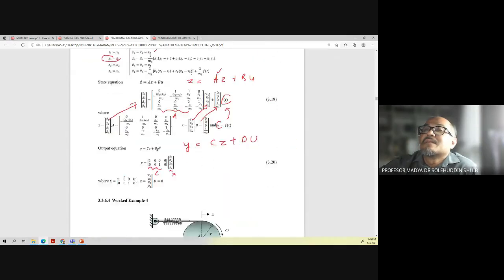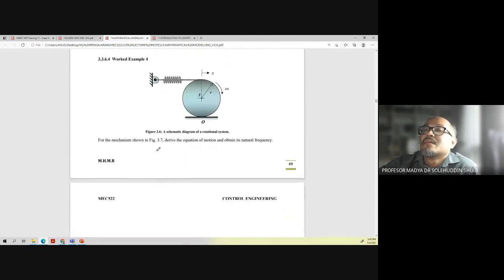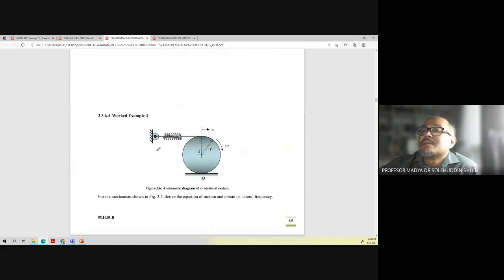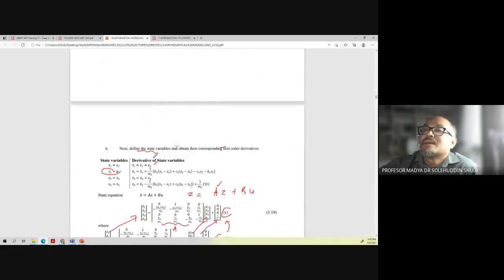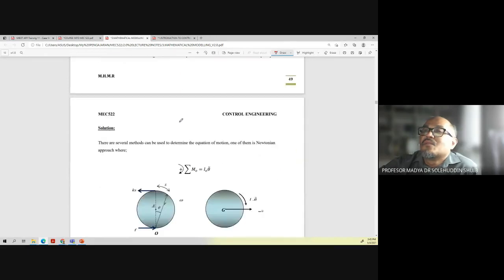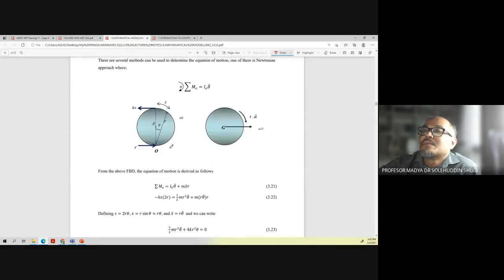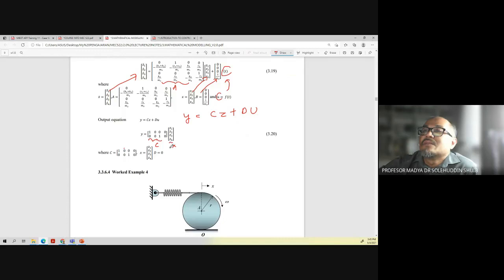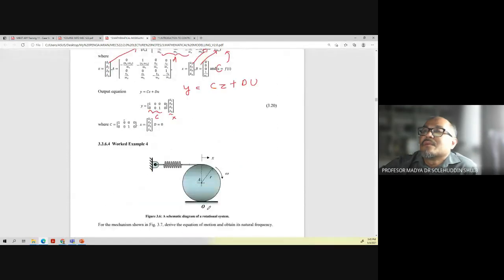This one is another example. I think I would like to stop here, stop here for today. Worked example 4 is related to how to draw the diagram for a rotational system.